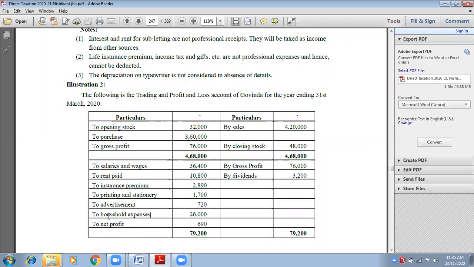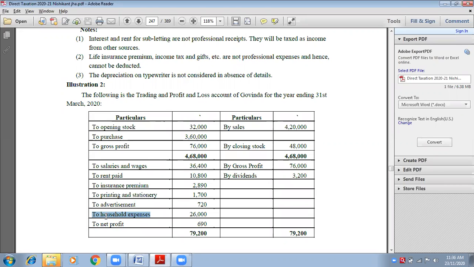Household. See, looking at the debit side, only one type of expense is to be discarded without being disclosed in the adjustment. Even if it is not disclosed in the adjustment, we will have to discard it. Naturally. Why? Because it is not related to business. It is personal.